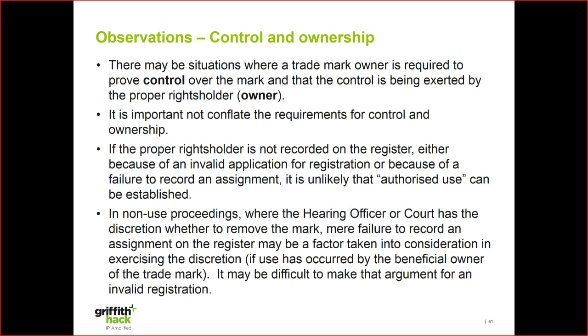So if you think of the Calico global example, where maybe the mark has been assigned and there's an incorrect party sitting on the register. It's just an administrative blooper, but there is use and there is a valid owner using the mark. I think that situation you might see in non-use proceedings. The court would exercise discretion to allow the mark to remain on the register, and then it's just a formality of updating the owner on the register.